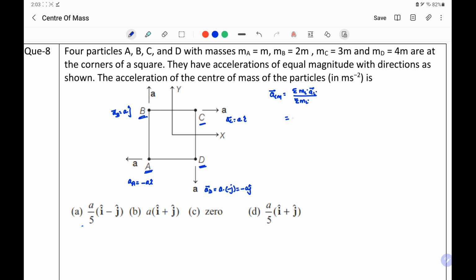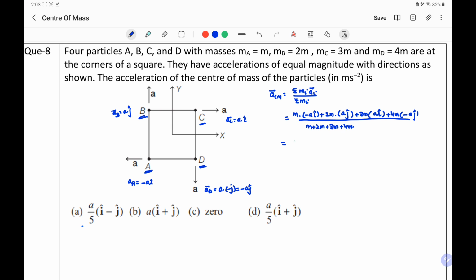So we can write that first is mass of A, given m, into acceleration minus a i, plus mass of B is 2m and acceleration is a j, plus 3m, acceleration is a i, and then 4m and acceleration is minus a j, divided by sum of masses, that is m plus 2m plus 3m plus 4m.